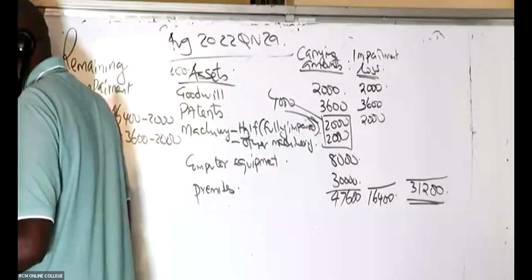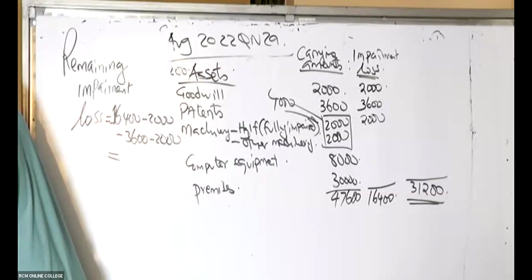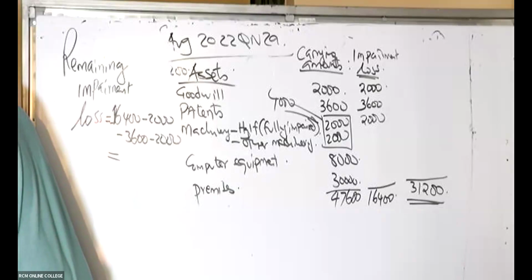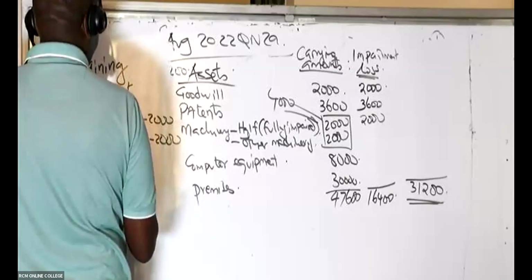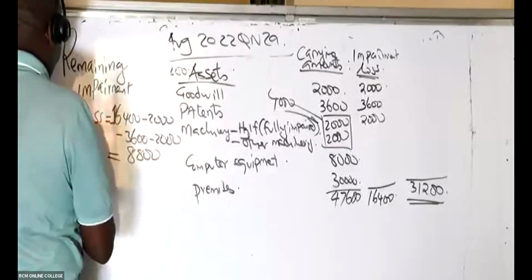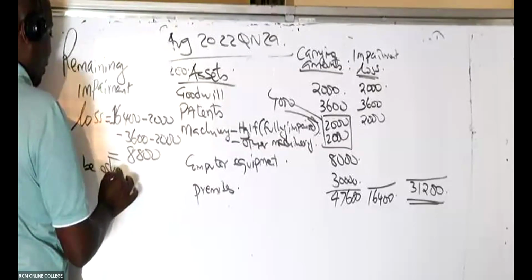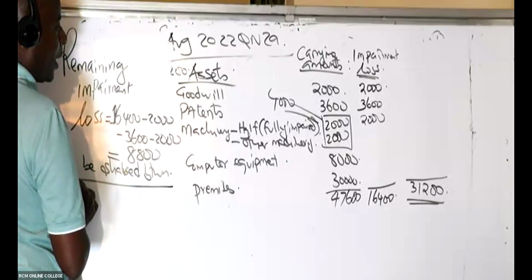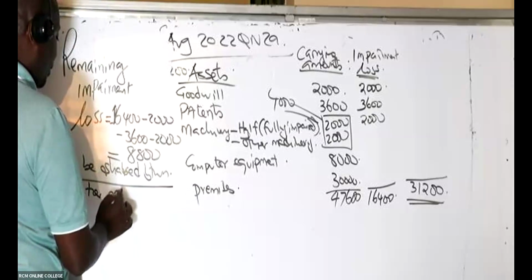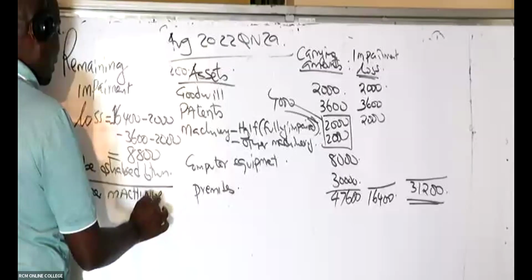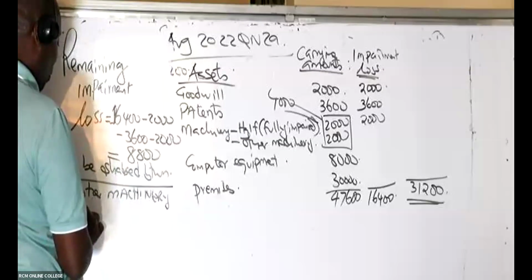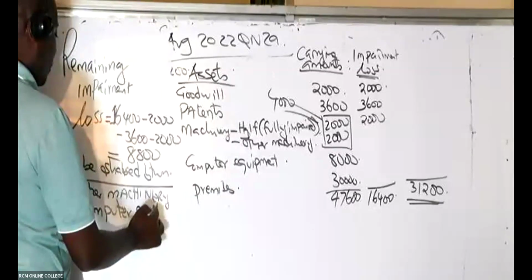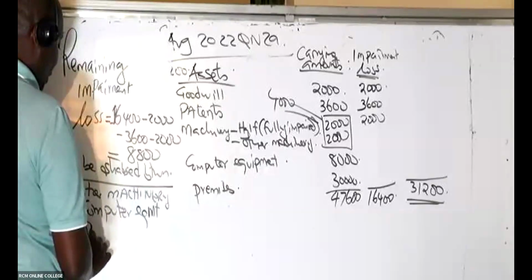What is the remaining impairment loss? $8,800, right? 8,800 to be shared between other machinery, computer equipment, and premises.